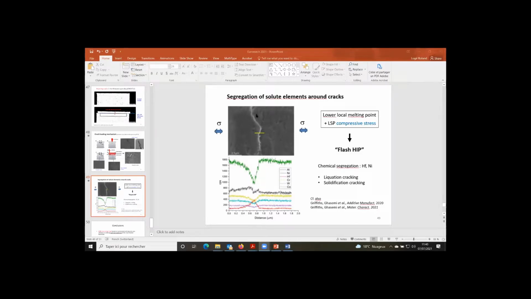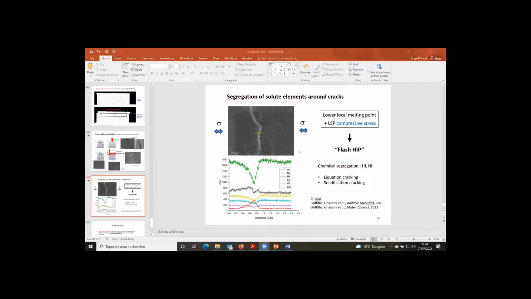So you can actually reverse somehow the cracking mechanism by heating again in the same temperature range, not melting, because the melting is done on the upper layers where you do the powder bed fusion, but it's high enough that this probably again comes as a liquid film here, but instead of having tensile stress here, you have compressive stress, and that's then how you weld somehow the crack which had been created.